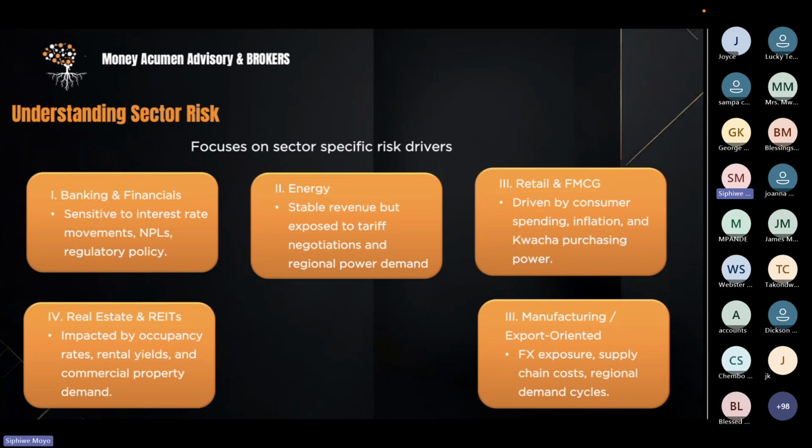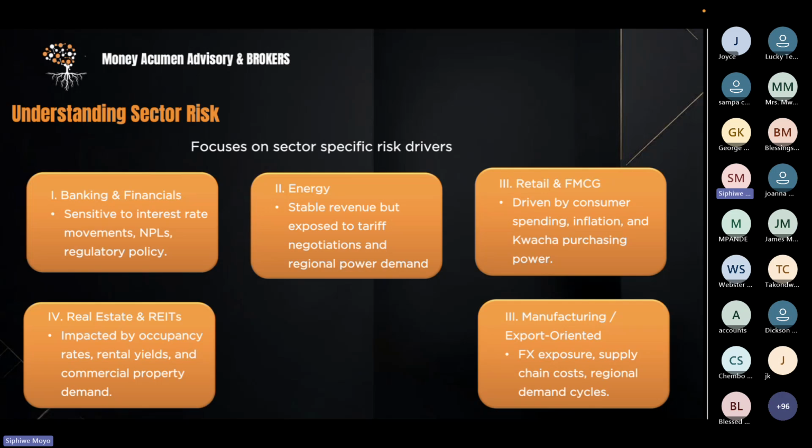In retail and fast-moving consumer goods, these companies depend heavily on household consumption. Your buying power and spending patterns are what drive the performance of this sector. Inflation, foreign exchange movements, and interest rates influence pricing power and margins. Those are the parameters that would affect performance in the retail and FMCG sector.